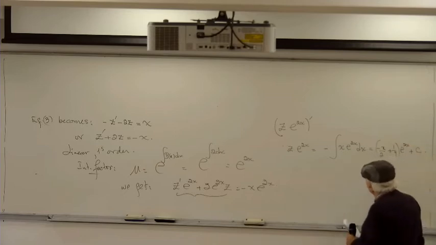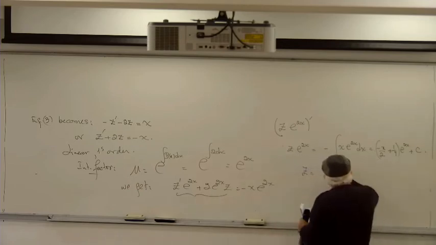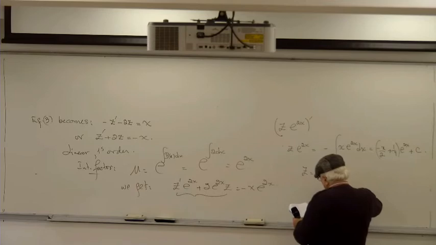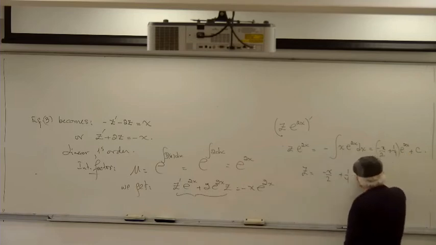From which we end up with z equal to, of course, just divide by e to the 2x: minus x over 2 plus 1 over 4 plus c e to the minus 2x.